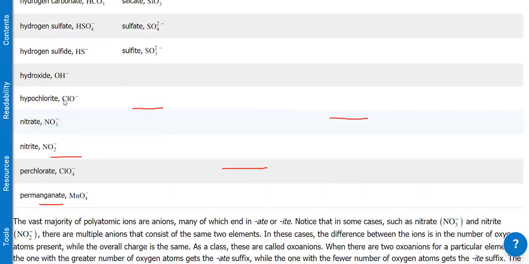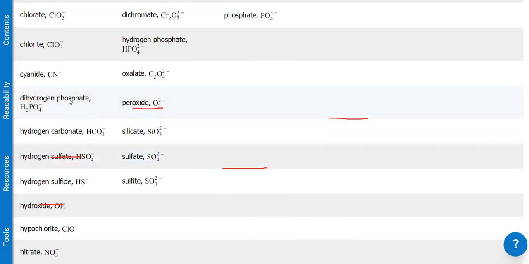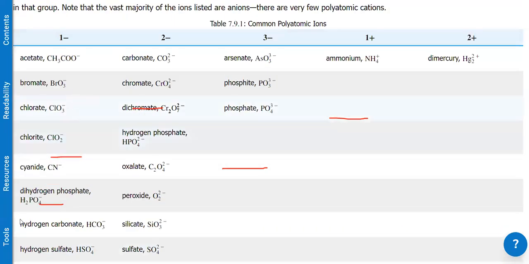In my class, I'll list a little more, but that will give you a starting point, and then you can build off of it. All right, that's it.